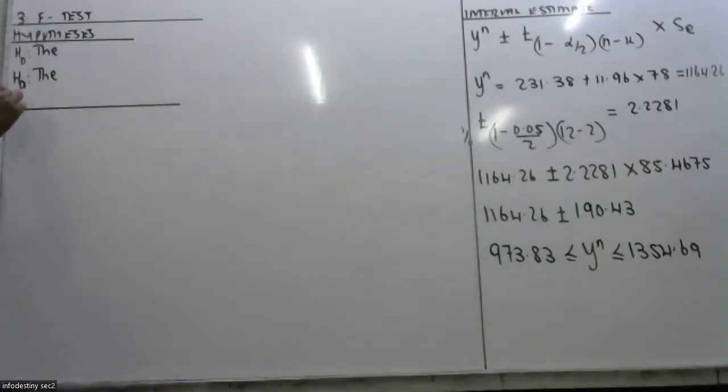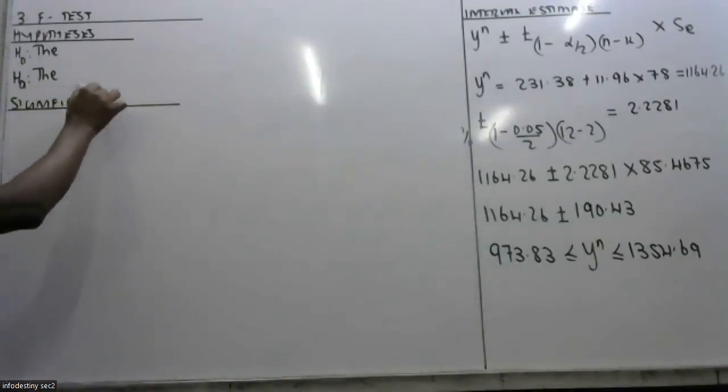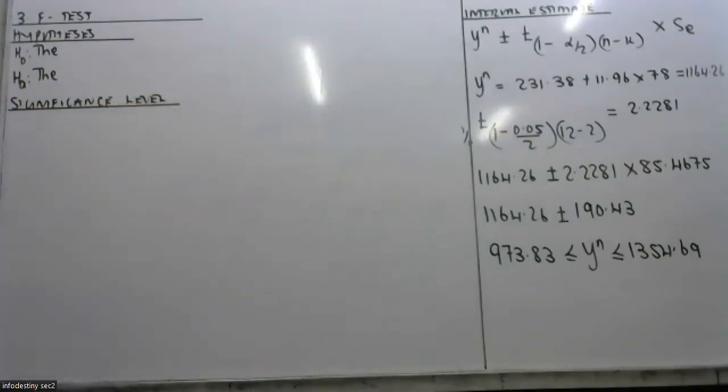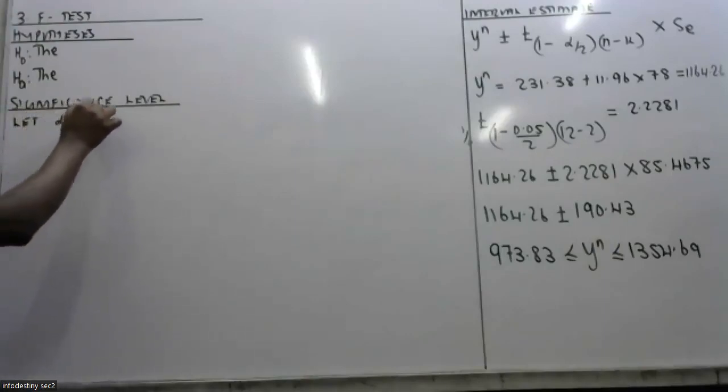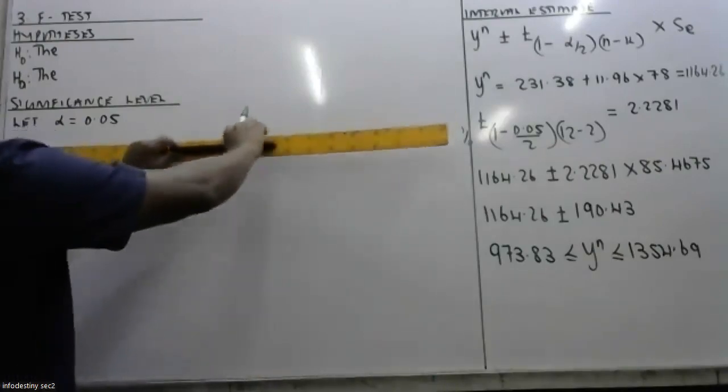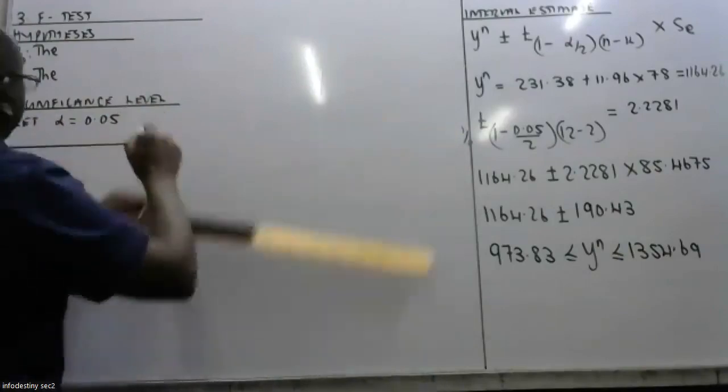Next is called significance level. In the significance level, we will say let alpha be 0.05. The next thing is called test statistic.